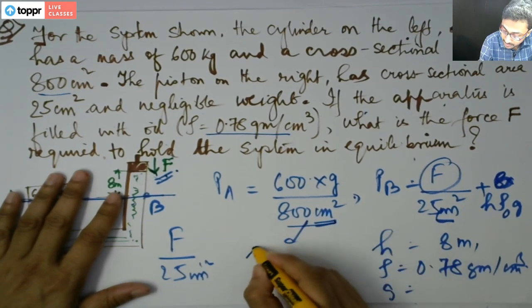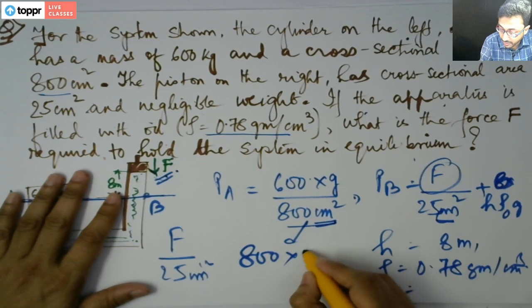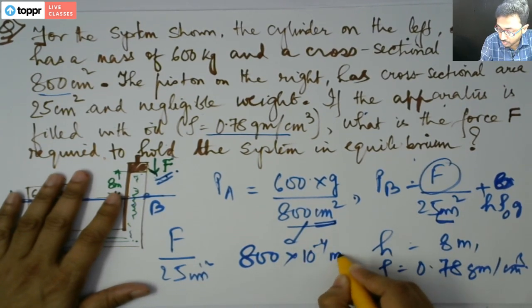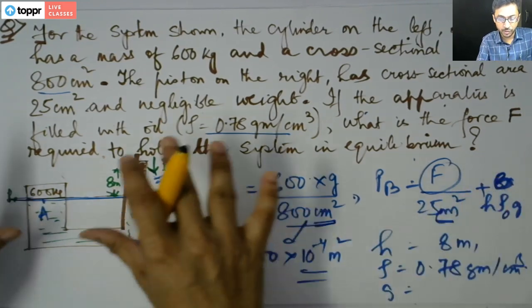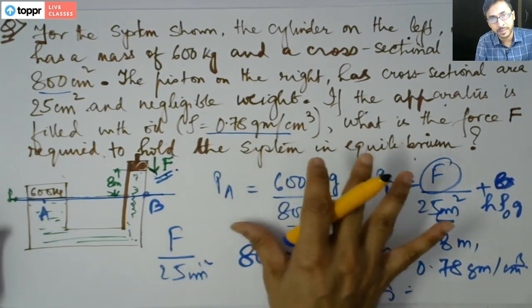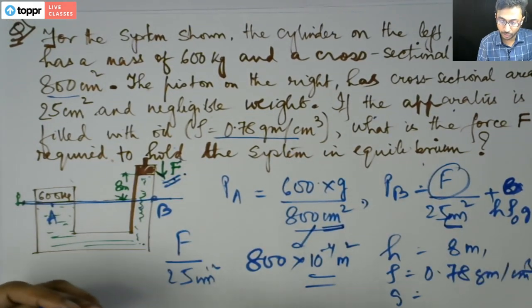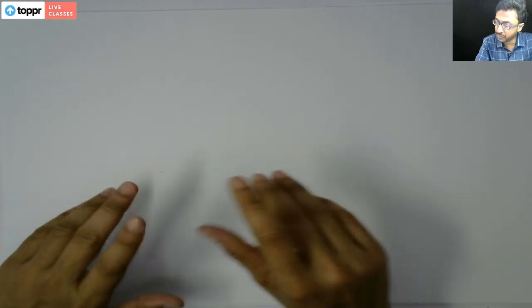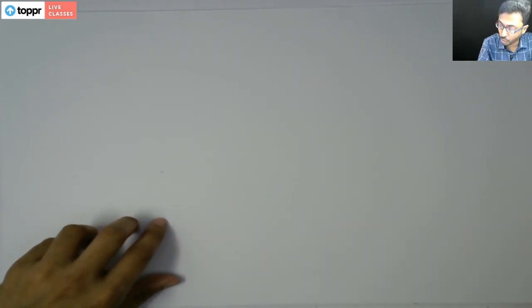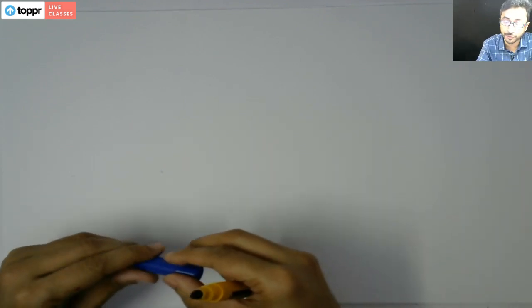So always, in the final step, convert the units and you can solve it. So I think you have understood the concept of how you apply the laws of pressure. Okay, now we are coming to another important topic called Archimedes principle and flotation.